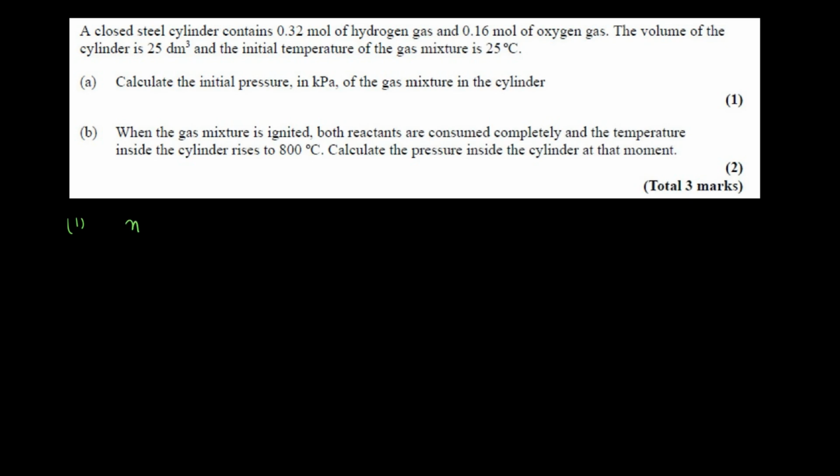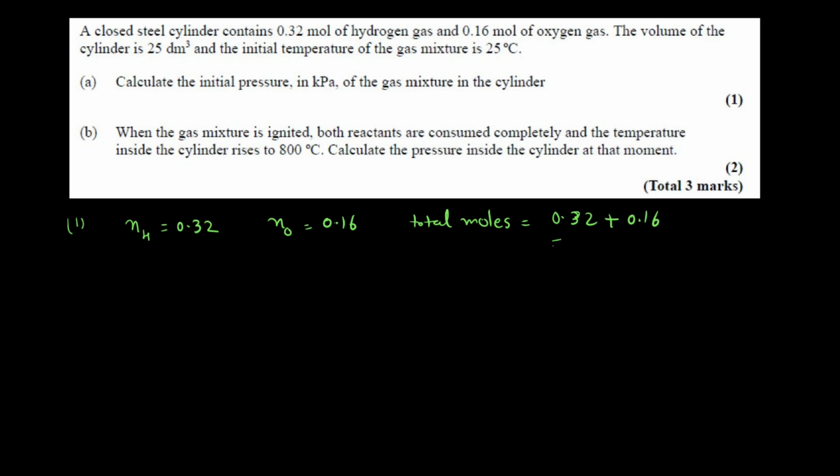So the moles of hydrogen is 0.32 and the moles of oxygen is 0.16 moles. So when we mix together, the moles will be added up. So the total moles, because if 1 kg apple and 1 kg banana we put together, how much is the total kg? So we are going to add these two moles.